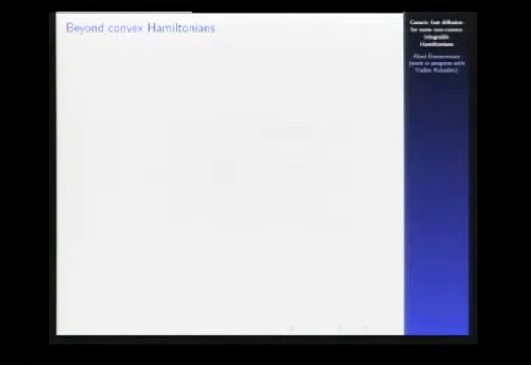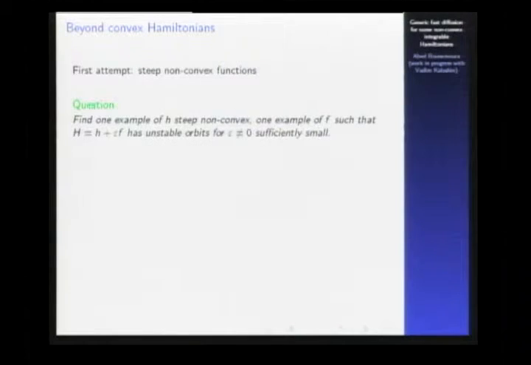Since I'm more interested in the Nekhoroshev theorem, I will try to go to this class of steep functions. So the first attempt is to deal with steep non-convex functions. Here's the question: find one example of H steep non-convex, and one example of F, so that this has unstable orbits, like weak instability.